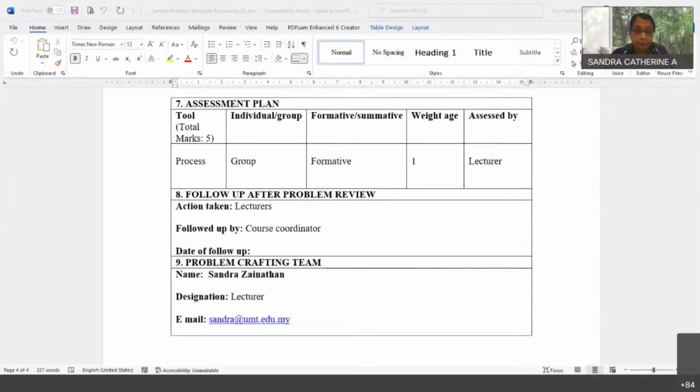Okay, any questions? Yes, Dr. Farid. Like I said, it is just an approach to how the teaching and learning happen. But whatever topics you want them to learn, it can be done.